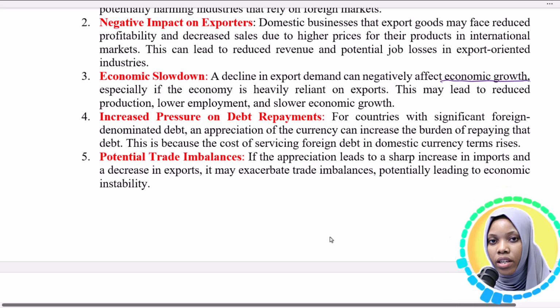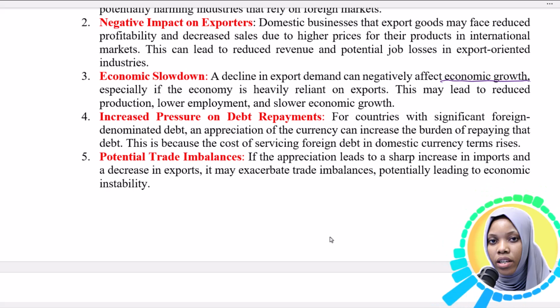Our negative effect number 4 is increased pressure on debt repayments, and it says for countries with significant foreign denominated debt, an appreciation of the currency may increase the burden of repaying that debt.